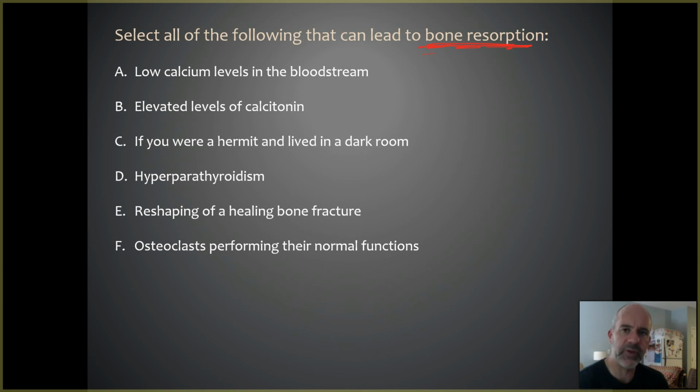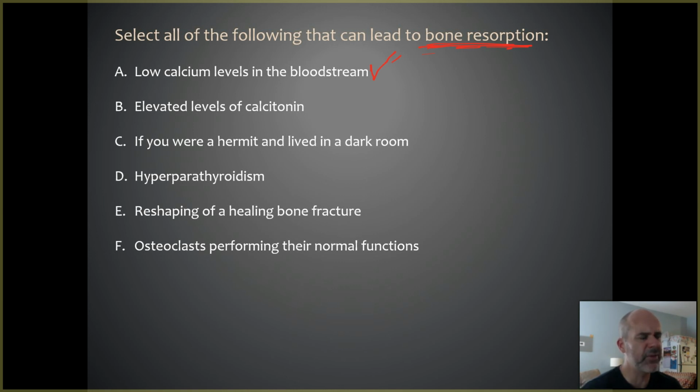Low calcium levels in the bloodstream. Yes. If you have low calcium levels in the blood, we just went over calcium homeostasis and how that works. Elevated levels of calcitonin. Calcitonin is another hormone that is actually made by the thyroid rather than the parathyroid.